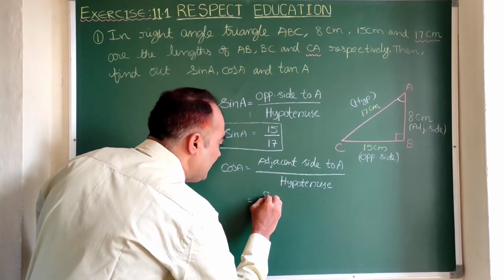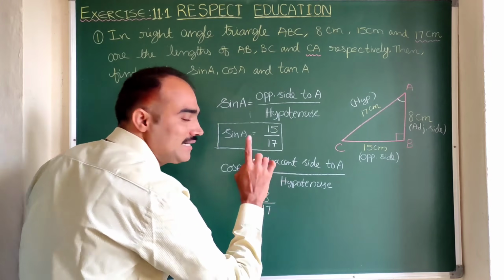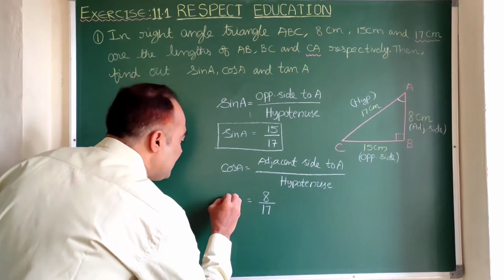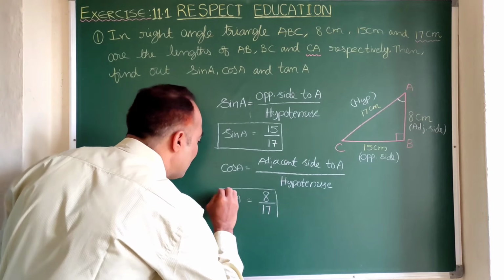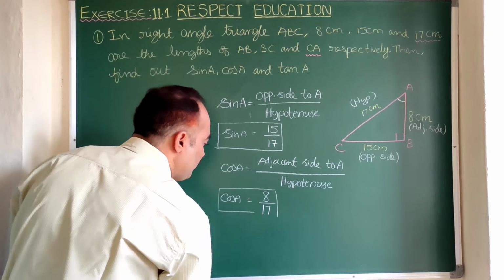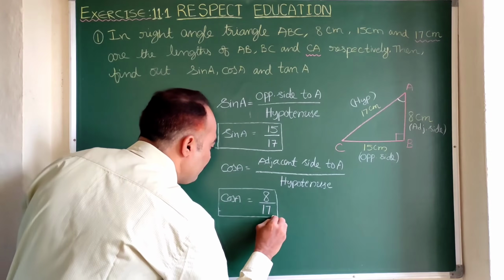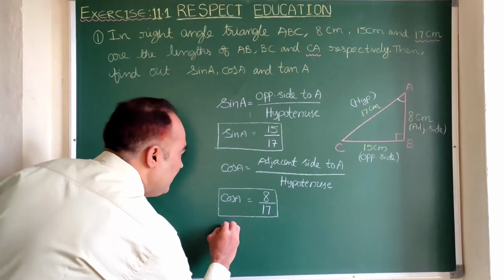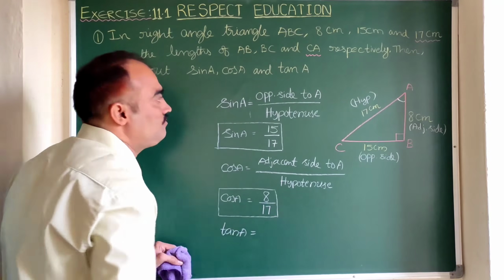So we can write 8 by 17. Actually the centimeters get cancelled. So this is the value of cos A. The second bit is also over. Now only one is left to find. What is that? Tan A. So what is the tan A formula?